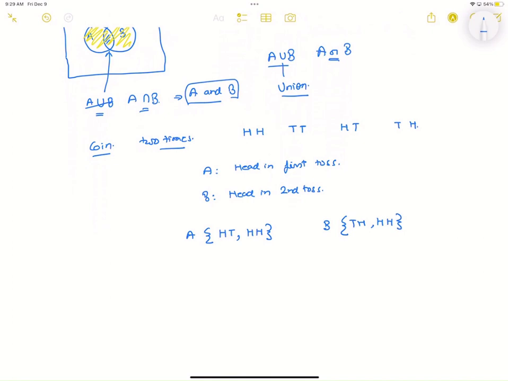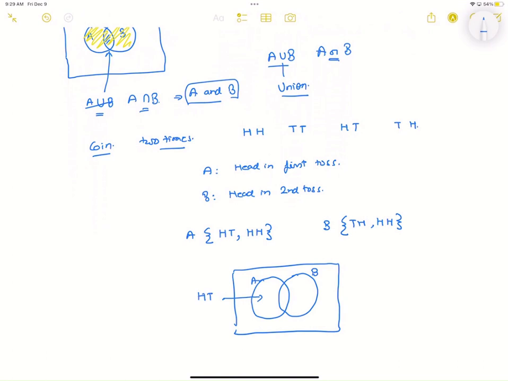If you want to draw it out on a diagram, you have an event A and an event B. In this one is head-tail, this one is tail-head, but this one right here is head-head, which is in both of them.